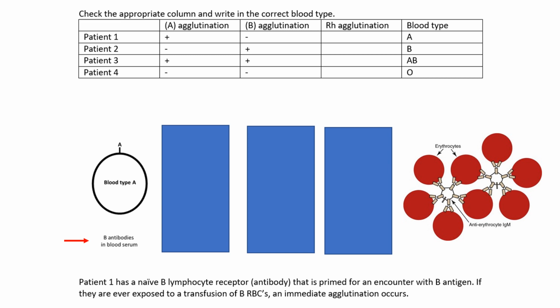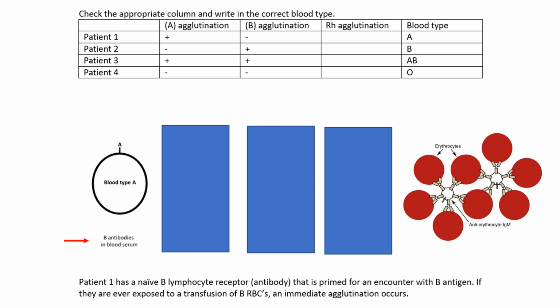So patient 1 was determined to have blood type A. So if we're looking at our picture, if blood type A has an antigen A in that patient's bloodstream, they would have antibodies against B blood. They don't produce B blood, so they would have antibodies against it.